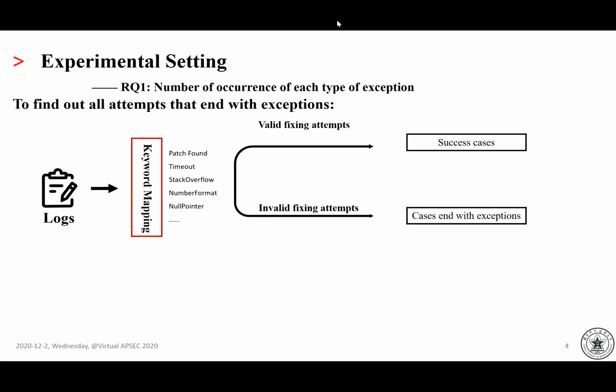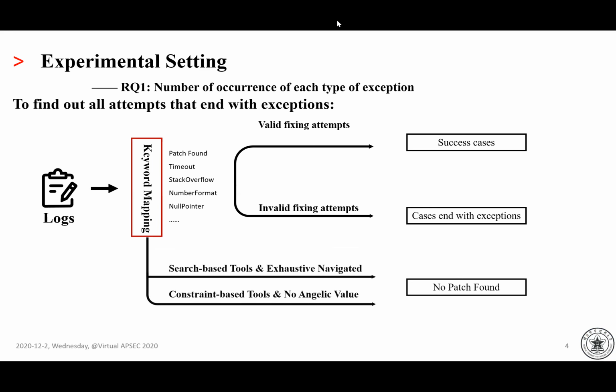This is the detailed experiment setting for RQ1. We need to find out all valid fixing attempts. Specifically, "patch found" is used to indicate the successful case. For other cases, based on different fixing strategies, we applied corresponding mapping rules to find out all exceptions.